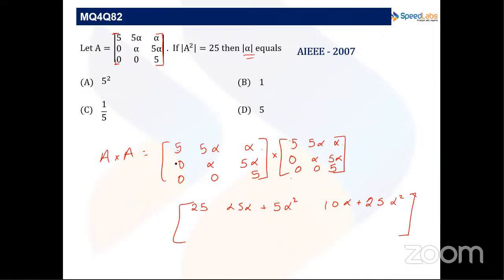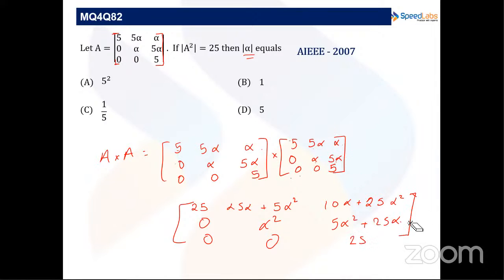And second row will be 0, 0, 0, alpha square, 0, 0, 5 alpha square, and 25 alpha. Third row, first column, that will be 0, 0, 0, 0, 0, 0, and that will be 25.